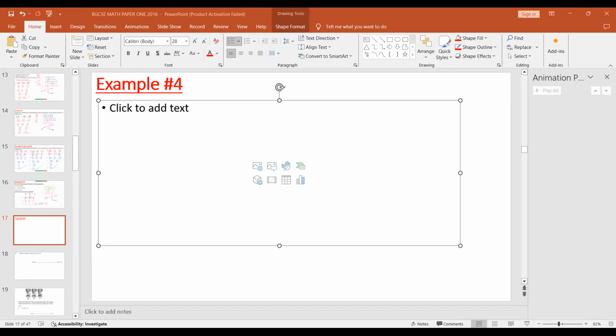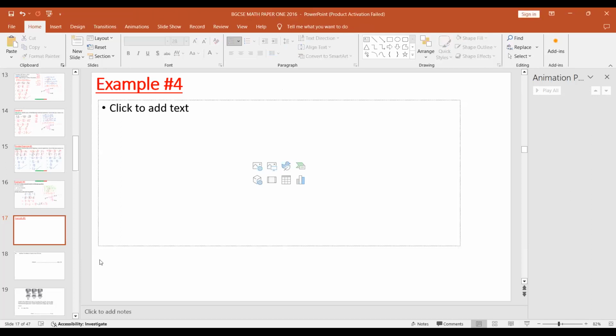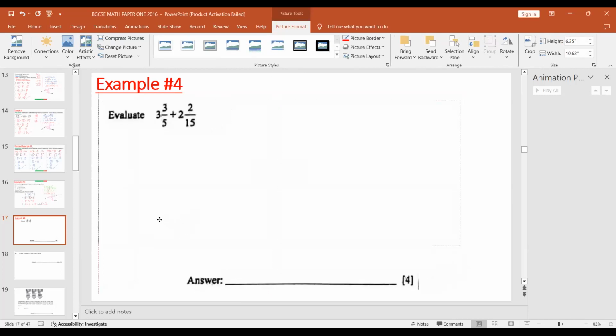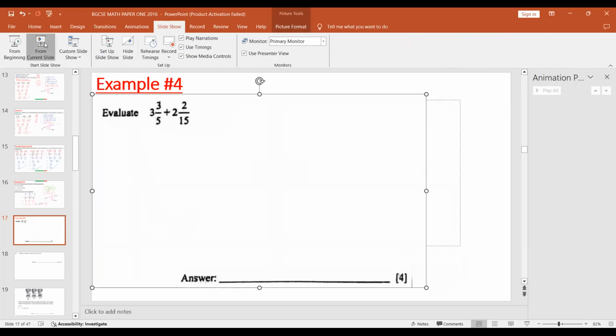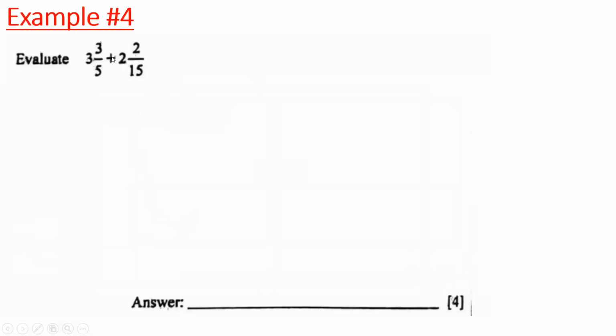What we have here is this question, and it says that we want to evaluate to find the sum of these two mixed numbers. So this is the question. It says evaluate 3 and 3 over 5 plus 2 and 2 over 15.